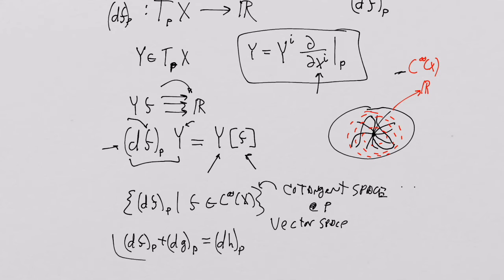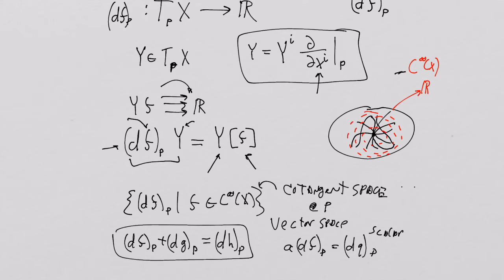So addition is defined on it, and a real number a times df at P is also another function out there, d of (a f) at P. So this gives us our scalar multiplication rule, and there's a zero, and there are additive inverses.